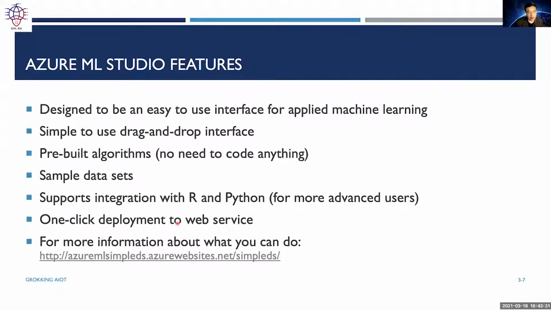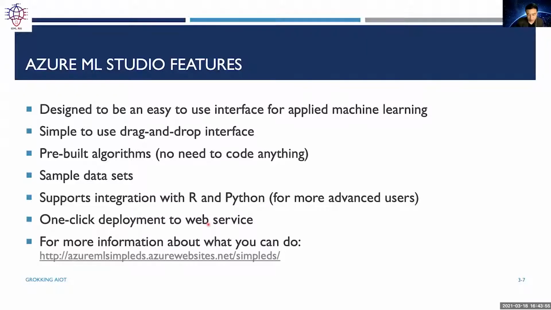One interesting thing is that there is a one-click deployment to web service. If you remember for model deployment, from the trained model, we can export it to a server, and any request is just sent to the model. We do not need the original training data because the model itself is already the program that has been built automatically from the data.